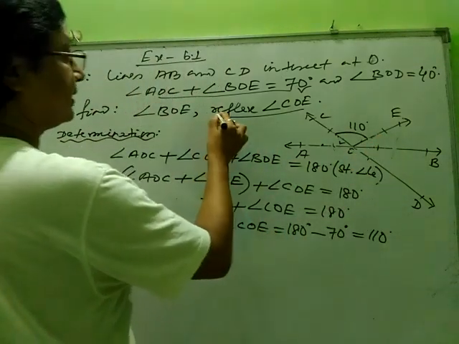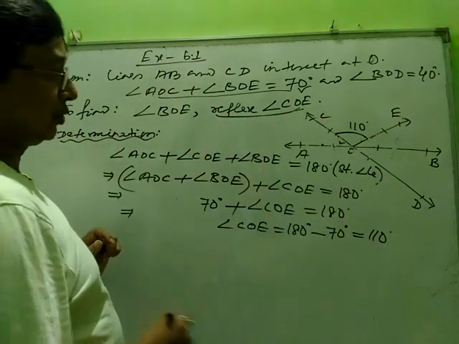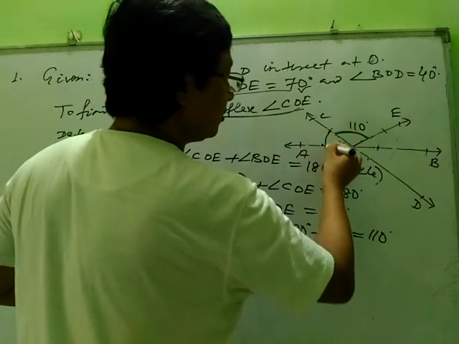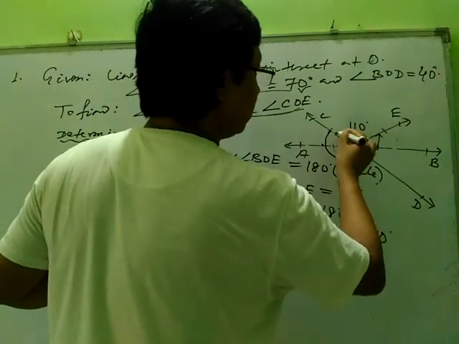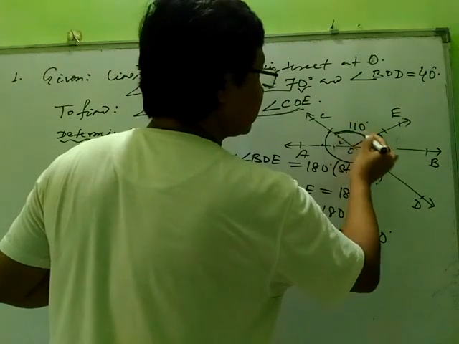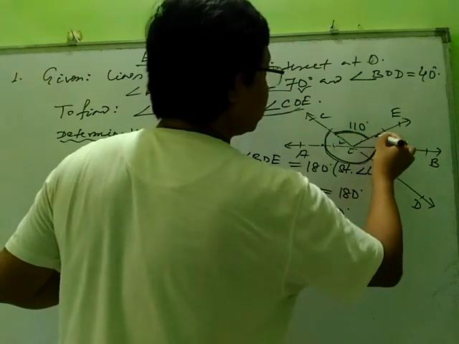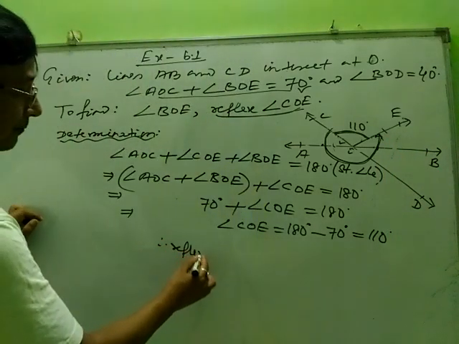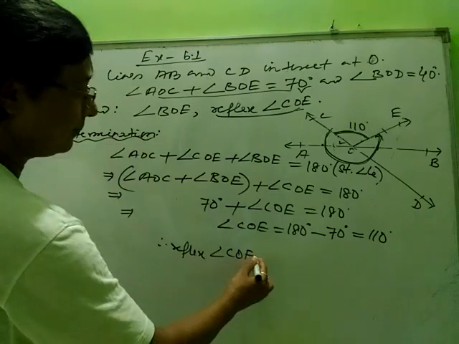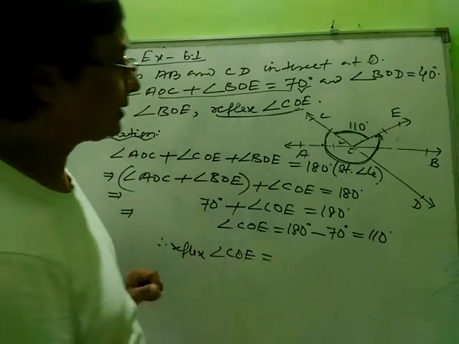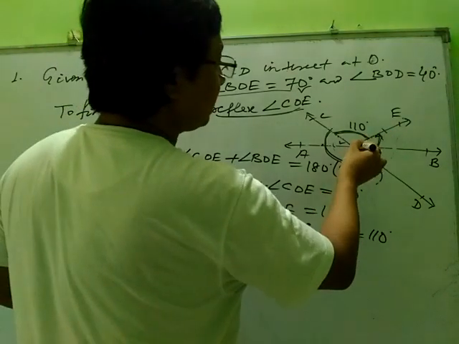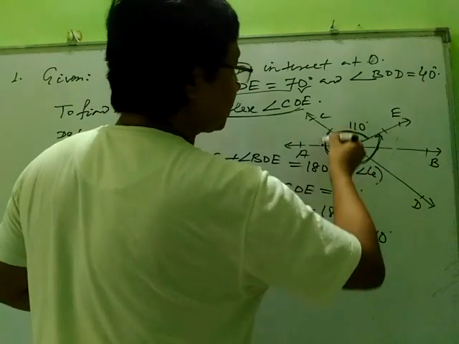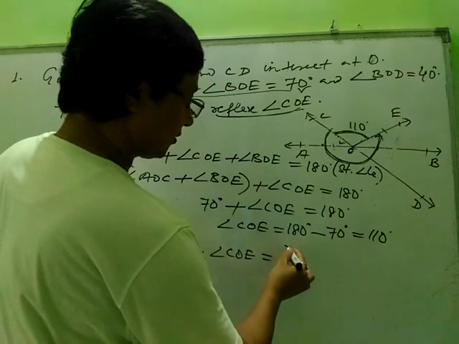Now you need the reflex angle COE. Since we have got COE, this part is 110, and the other part will be called the reflex angle COE. How to get it now? The total sum around point O is 360 degrees, the complete angle.